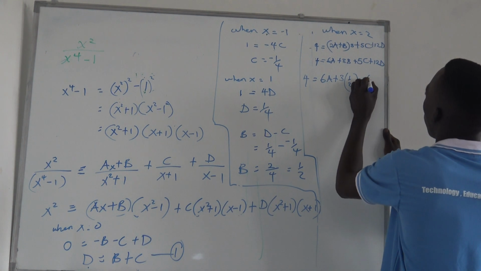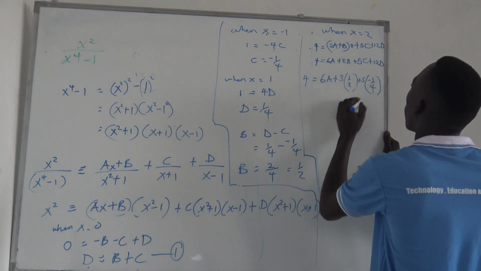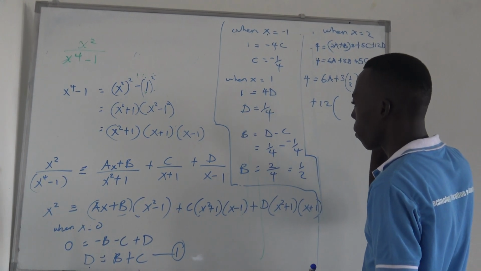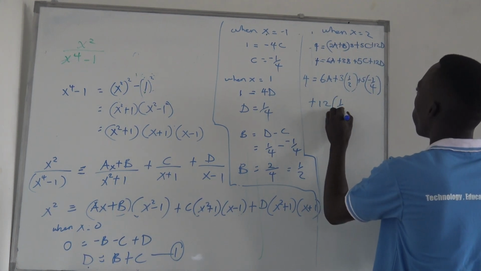C is negative a quarter, plus 12 into the value of d. D we have got it as a quarter.